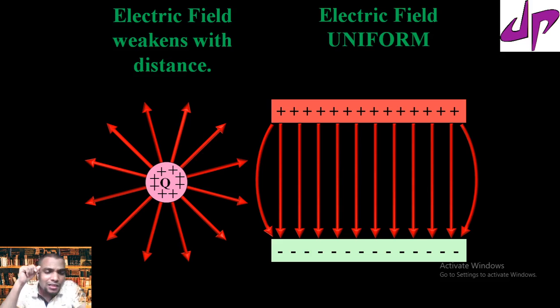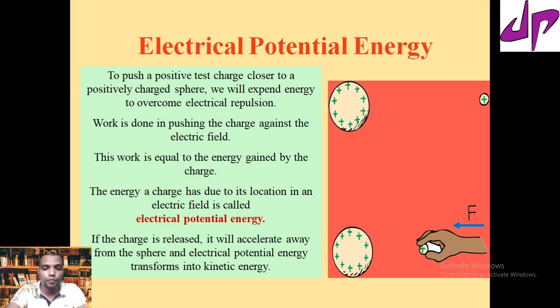Now in this electric field, if I bring a charge and keep it at a location in the vicinity of this field, suppose you have a positive source charge, understand the picture, and far away you have a positive test charge.